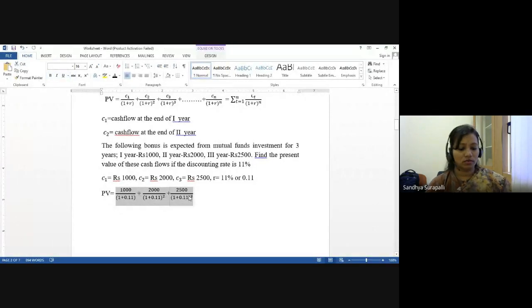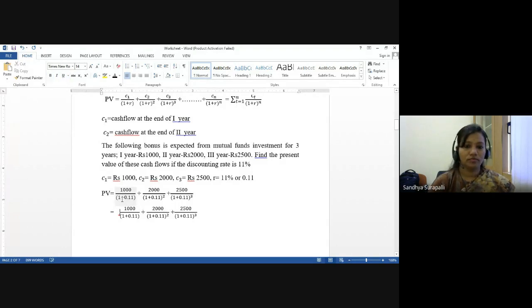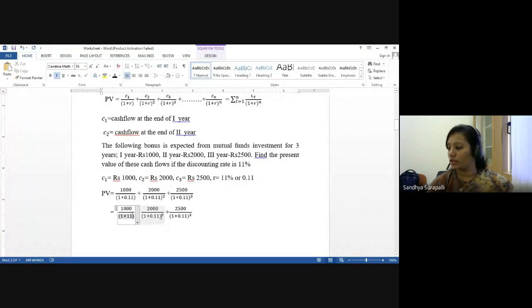So you can also write this as 1.11, and squaring it to the power 2, how much? 1.2321.